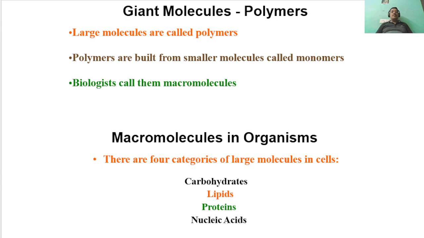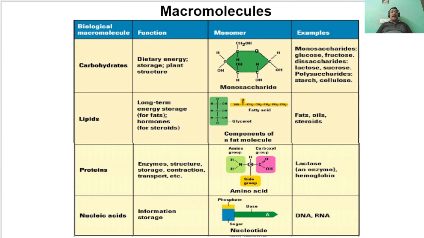What are the macromolecules that are seen in an organism, the four categories? Remember biomolecules. One is carbohydrate, second lipid, third protein, fourth nucleic acid. Now let us look at them one by one. Before that, I have a table which summarizes the important key aspects of all these four macromolecules.